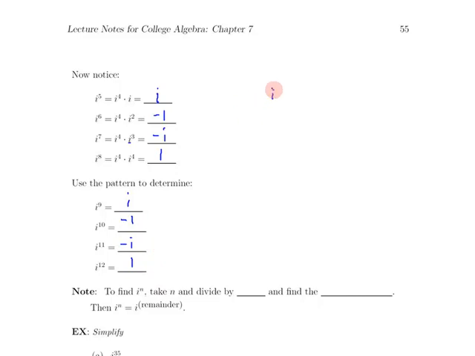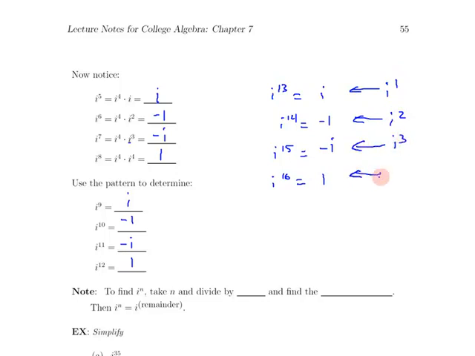And so i to the 13th would be i, i to the 14th would be negative 1, i to the 15th would be negative i, and i to the 16th would be 1. Okay? Notice how this is the same as i to the first, this is the same as i to the second, this is the same as i to the third, this is the same as i to the fourth. Now, how do 13 and 1, 14 and 2, 15 and 3, 16 and 4 compare?